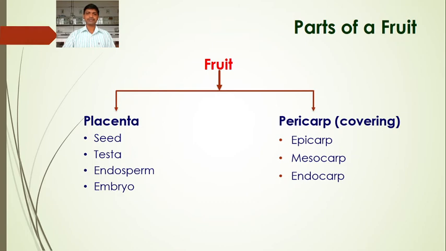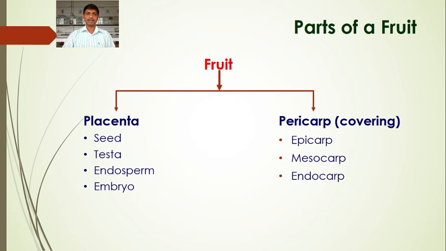So a fruit consists of the fruit wall, that is the pericarp, which is made up of three layers: epicarp, mesocarp and endocarp. In addition, in the lumen of the fruit there is a fertile tissue called the placenta, which bears seeds. So the seed is also part of the fruit.